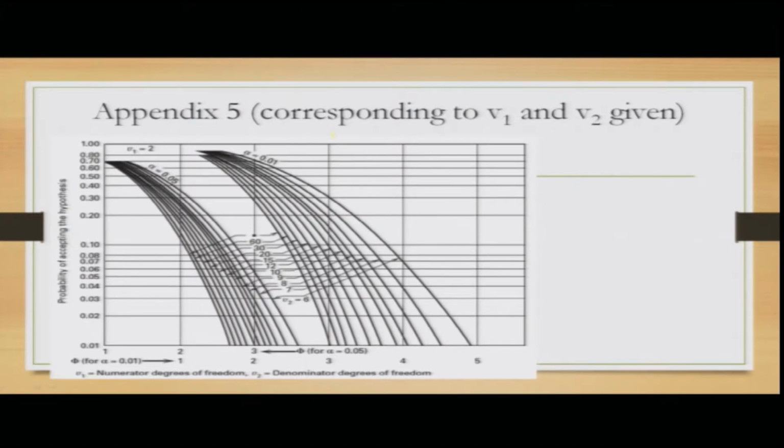These are the curves of probability of accepting the hypothesis with respect to capital phi for alpha equal to 0.05. This other set is for alpha equal to 0.01, and you can find the values of probability of accepting with respect to capital phi.